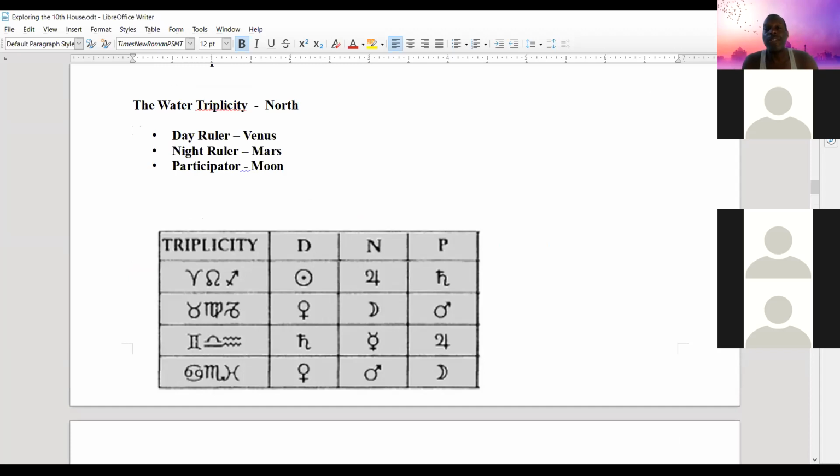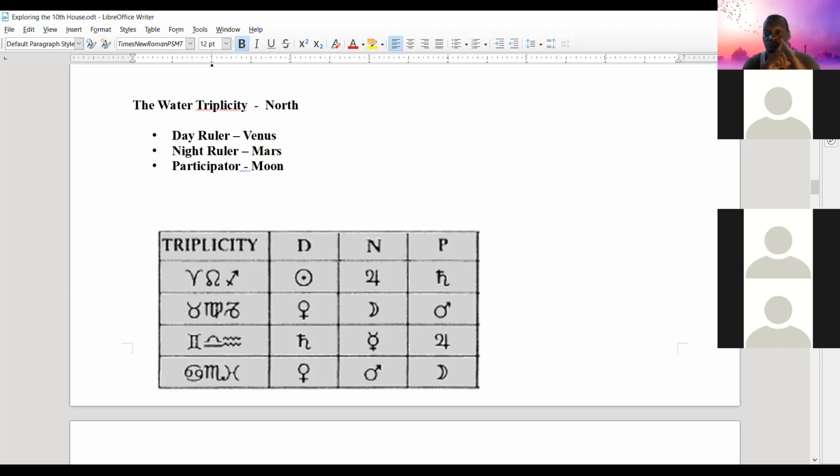So hopefully you've been writing this down, because of how important three is. Remember, there are three zodiac signs in each element. There are three planets who rule each sect.